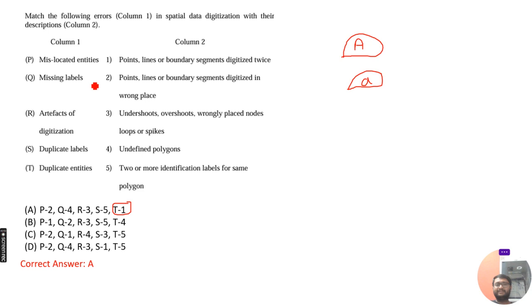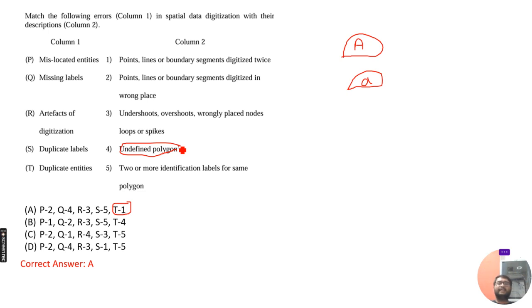Then we have missing labels. After creating the shapefile, we haven't given any kind of label to the given class. So we have not defined those polygons, and we will not consider that kind of data. If you see, we did one exercise where we used road network data from OpenStreetMap. There, in the type of highway, there are some classes known as unclassified.